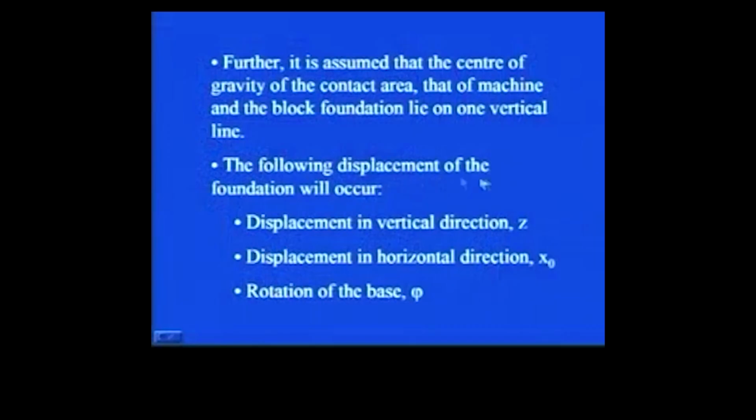Then the following displacements of the foundation will occur: the displacement in the vertical direction, because the system has been subjected to a force in the vertical direction, Pz sin omega t; then displacement in the horizontal direction, which we are calling x naught, due to the horizontal force Px sin omega t; and then rotation of the base due to the moment applied along the y axis, My sin omega t.